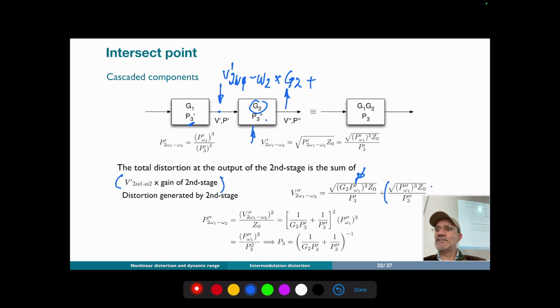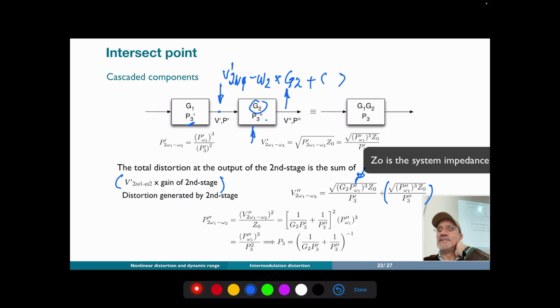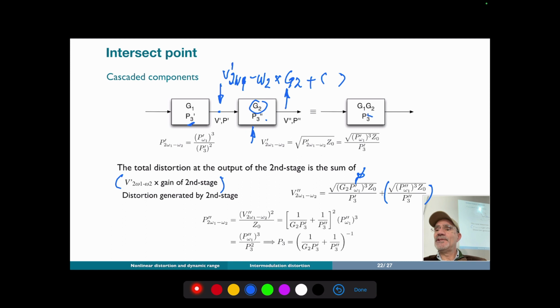And then we have a second term, which is the distortion introduced by the second amplifier. And so if we calculate the equivalent third order intersect point from this equation here, we obtain this result here, which if you look carefully, obviously depends on the third order intersect point of the second amplifier and the third order intersect point of the first amplifier multiplied by the second.